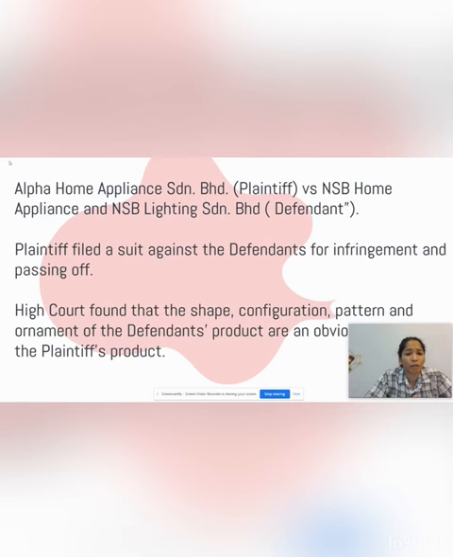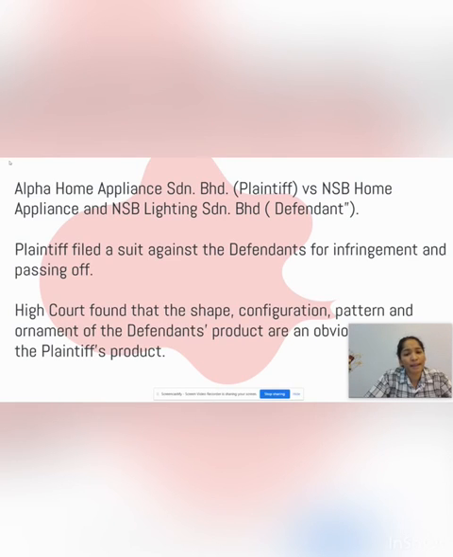By way of background, Alpha Home Appliance Sdn Bhd, referred to as the plaintiff, is a company incorporated in Malaysia and deals with the research and development, manufacture and distribution of home appliances, in particular fans and water heaters.